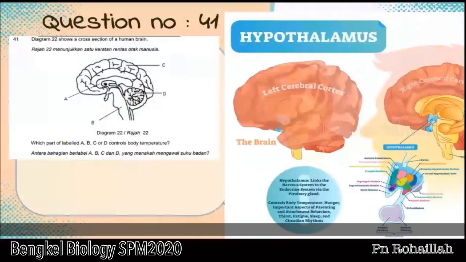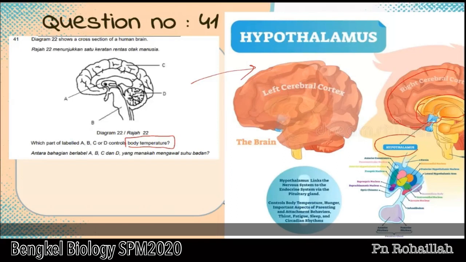Question number 41. Alright. Diagram 22 show a cross section of human brain. Okay, which part of level A, B, C or D control body temperature? So, body temperature tadi, okay, which part? Okay, so you tengok sini, bahagian sini, alright. So, this is the brain. Okay, this part yang atas ni, this is the hypothalamus.